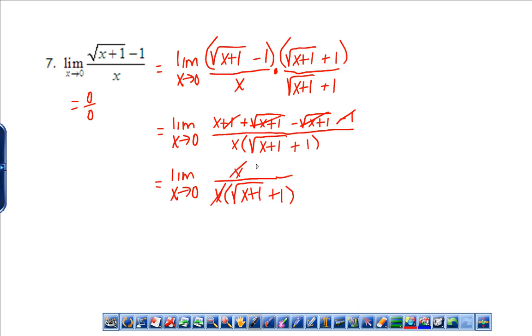Okay, so I'm going to cancel this out. That leaves a 1 there. Okay, remember, anytime everything in your numerator cancels, you're left with a 1. And at this point, I can go ahead and plug in 0. I've removed the discontinuity, and the limit is going to be 1 over. And if I plug in 0 here, I get square root of 1, which is 1, plus 1, which is 2. And this is the same exact value you'd get if you were to use the calculator.